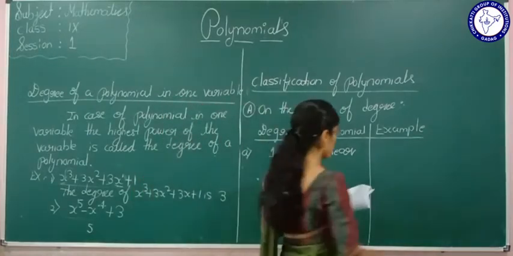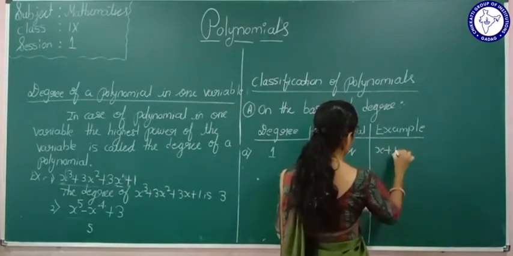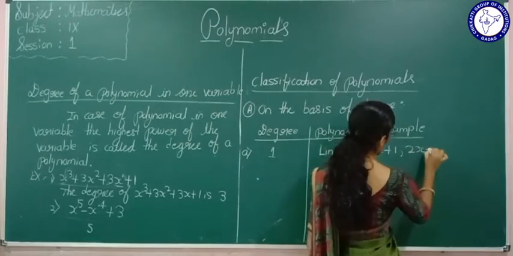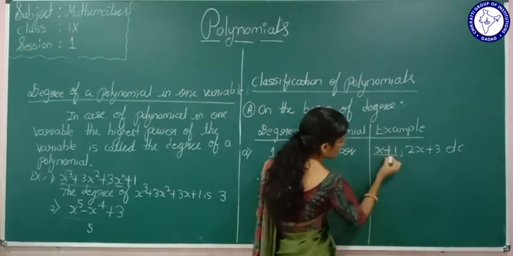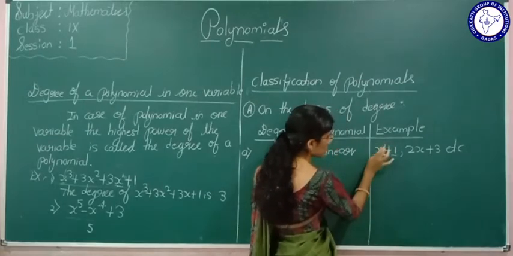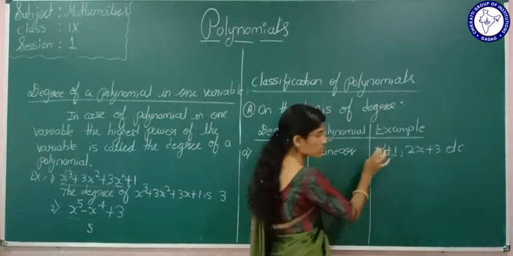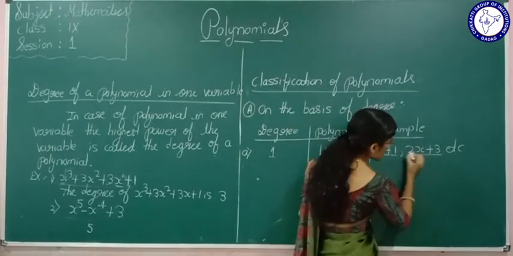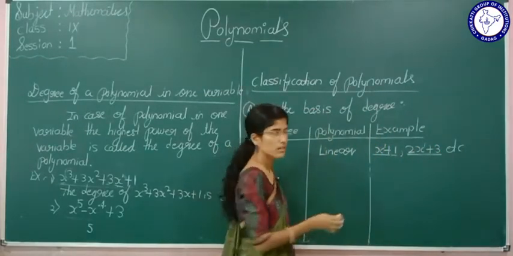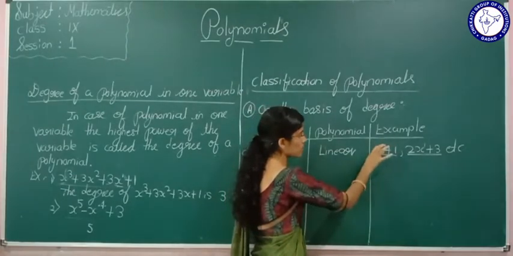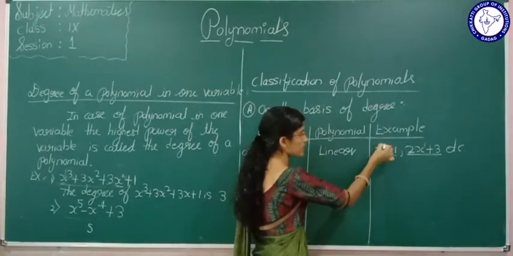See the examples for linear polynomial: x plus 1, 2x plus 3, etc. Now see student, what is the degree of this polynomial? It is 1, right? The degree of this polynomial is 1. Here only x raised to 1 is there.